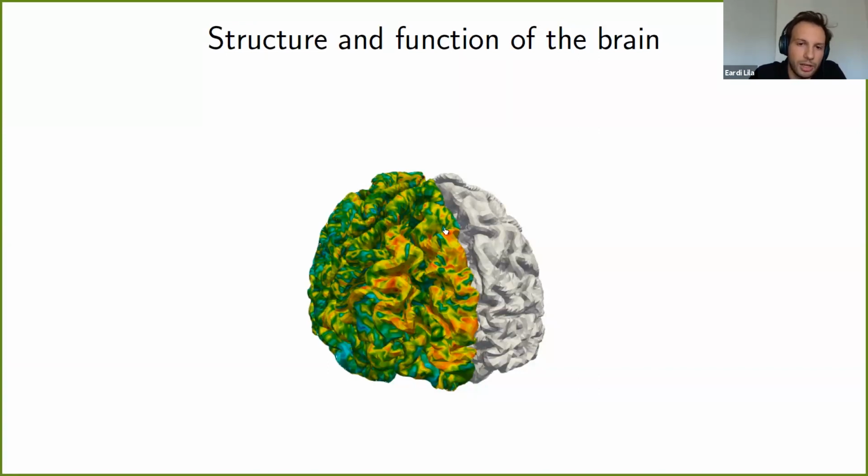So if you see a red area, it really means that that area is working a lot. If you see a greenish area, it means that area of the brain is working a bit less. So it's not surprising that this color map is only on the brain surface, only on the cortical surface, as we call it, because that's where I said the thinking happens. That's where the relevant signal comes from, right?